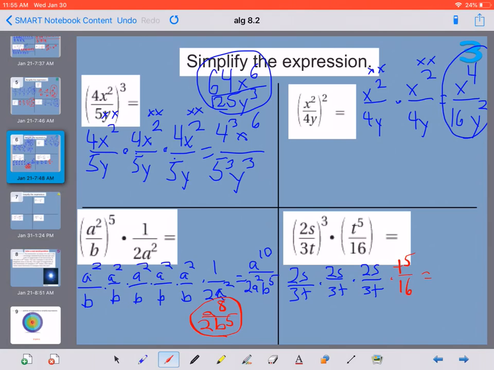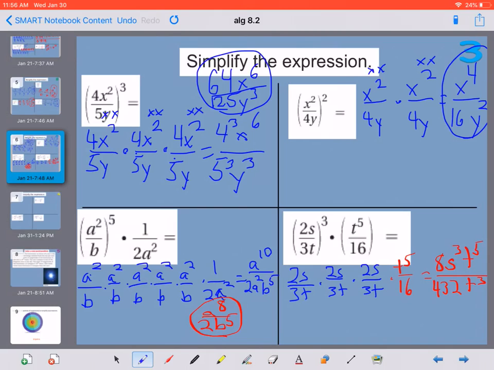So what we have then is 2 times 2 times 2, which is 8 s cubed, and t to the 5th, over 3 times 3 times 3 is 27 times 16. That gives us 432 t cubed. Now we can simplify this.